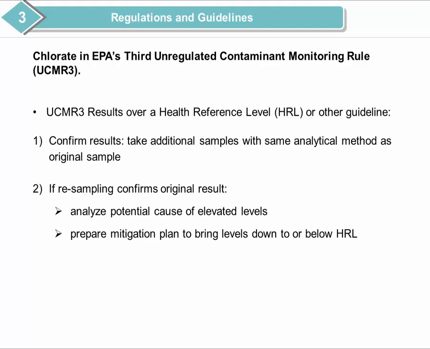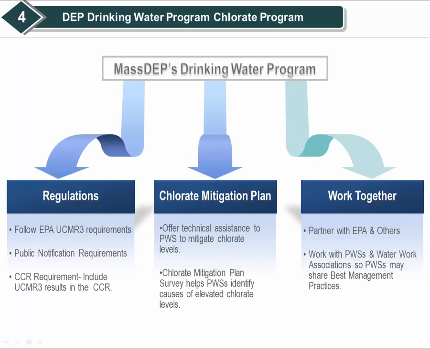bacterial control. The Massachusetts Department of Environmental Protection's Drinking Water Program promulgates the UCMR3 regulations and provides technical assistance to public water systems with public notification and consumer confidence reporting.